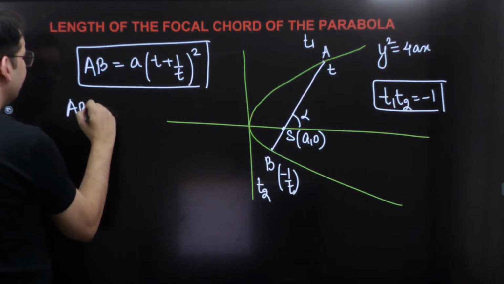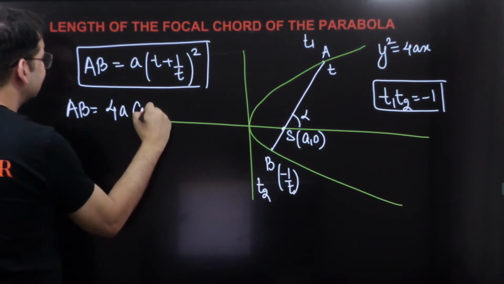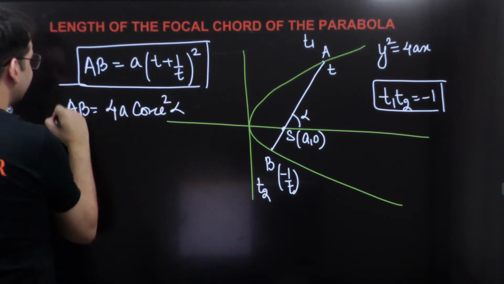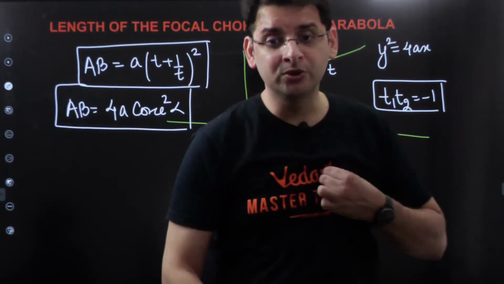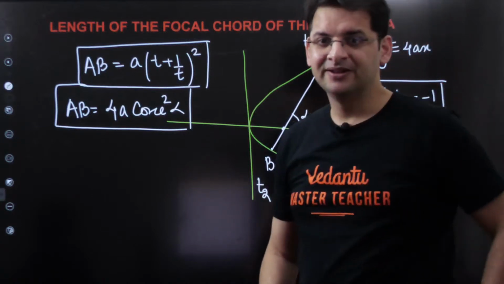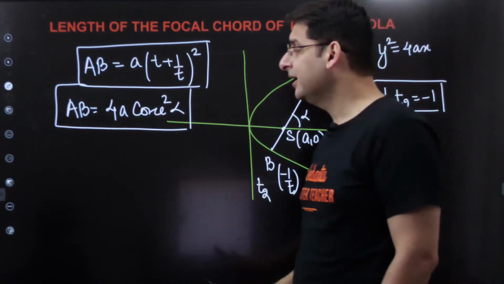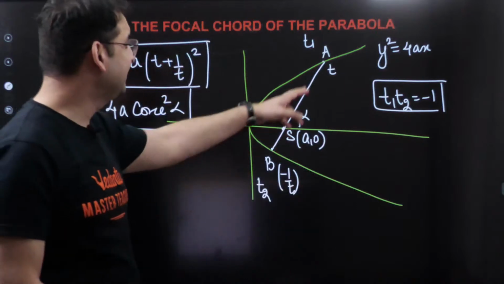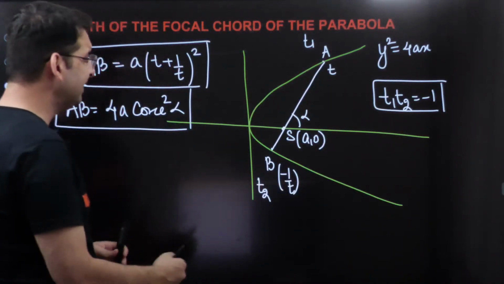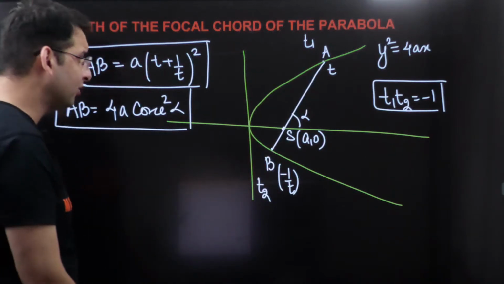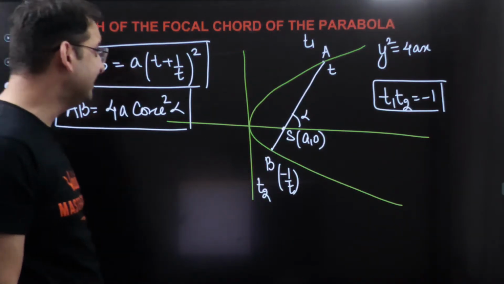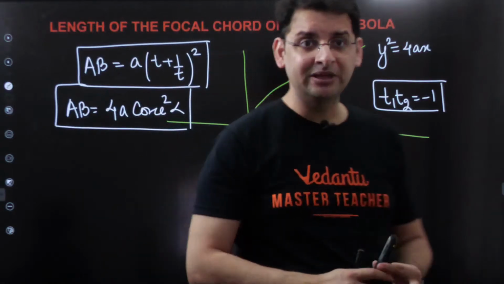AB is equal to 4A cosecant square alpha. You have to remember both of these formulas. A into T plus 1 by T whole square, very important. The other is 4A cosecant square alpha.